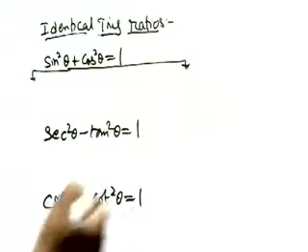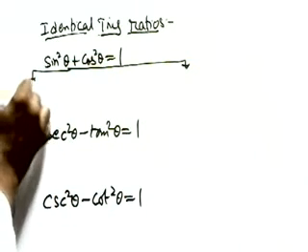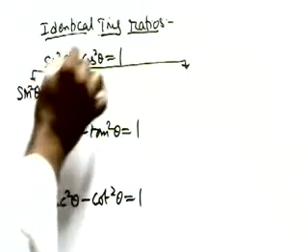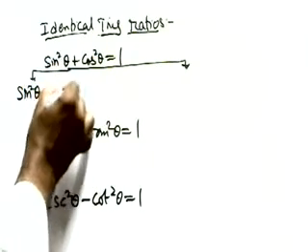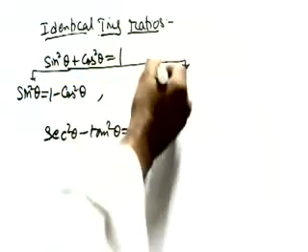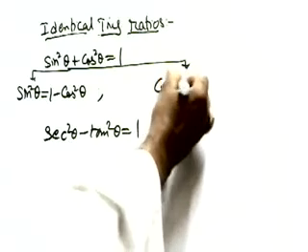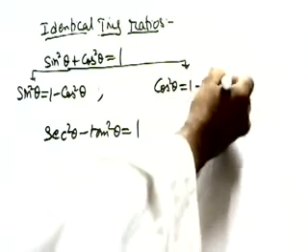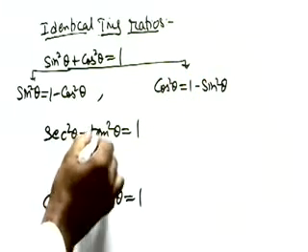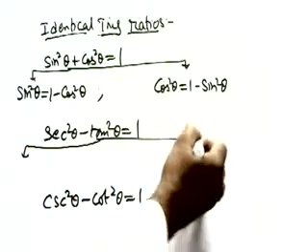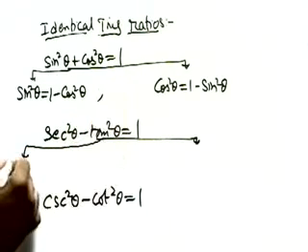Now from this we can derive 2 formulas. One is sine square theta: bring this here, it will be 1 minus cos square theta. In the same way, cos square theta we can write as 1 minus sine square theta. From the next identity also we can derive 2 formulas.